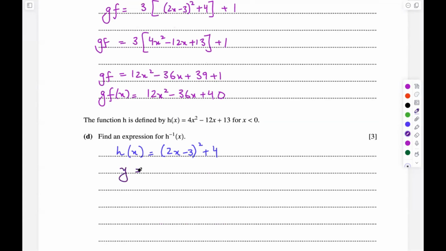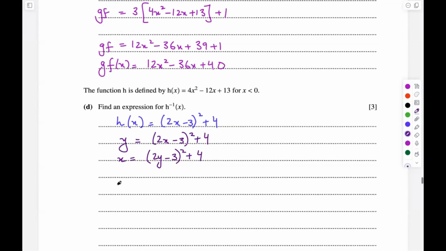To find the inverse, we'll first write y is equal to 2x minus 3 whole squared plus 4. Now exchanging the values of x and y, this will become x is equal to 2y minus 3 whole squared plus 4. Taking 4 on the right hand side, we can write it as 2y minus 3 whole squared is equal to x minus 4.